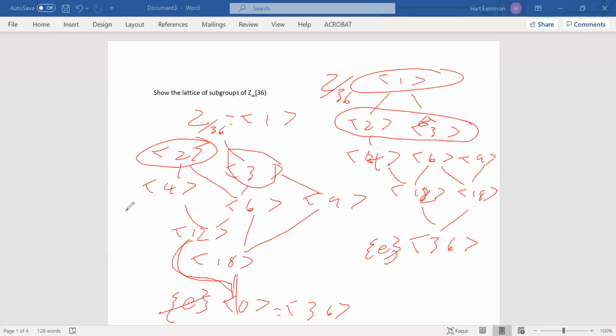That's why when I wrote it the first time, I staggered it down slightly so that it would follow the request in your problem 6, that it be ordered by the size of the subgroup. But I highly doubt you would get penalized for this, because it's still basically ordered that way. Cool. Any questions about this?